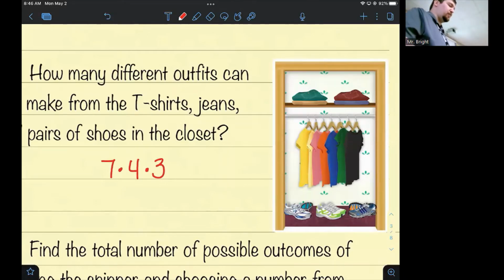Okay. So if you are randomly picking your outfit together, you have 7 times 4 times 3 ways that you can make that outfit. Caden, what is that? You don't know 7 times 4 times 3 with a calculator right there by your hand? 84.